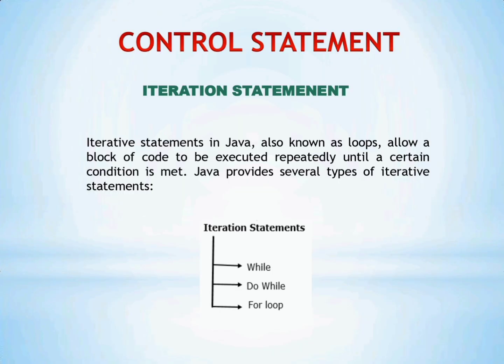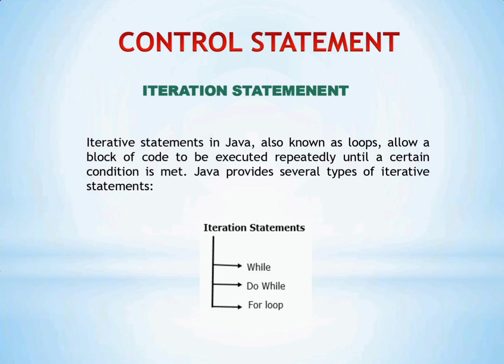Now we'll move to the next statement, that means the second type of control statement. The second one is the iteration statement. Iterative statements in Java are also known as loops. They allow a block of code to be executed repeatedly, that means multiple times, until a certain condition is met.